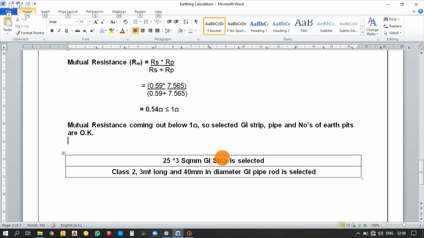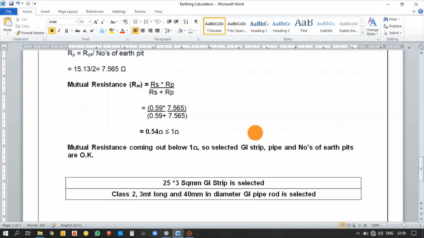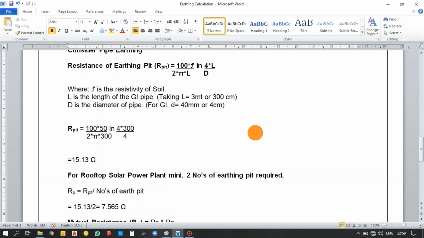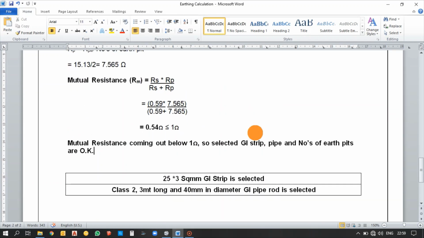The same steps and formulas can be used to calculate the resistance from the ACDB for the AC side, and we can calculate the number of earth pits required for the AC side too. The same procedure has to be followed: first calculate the short circuit current from the ACDB AC part, then calculate the strip resistance and the earth pit resistance, and then the mutual resistance, which should be less than 1 ohm.